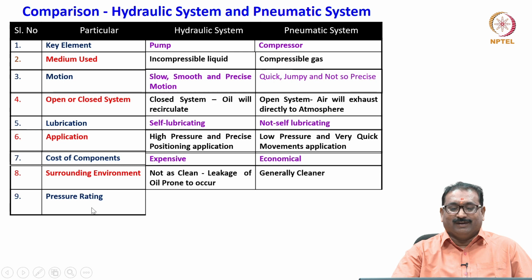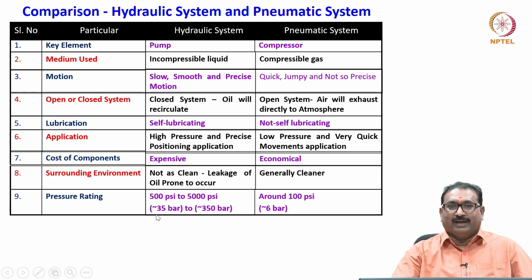Pressure ratings: we are using 35 bar to 350 bar in the hydraulic system, but in the pneumatic system generally 6 bar to 10 bar, normal pneumatics. Weight of the component: as I have told you, the hydraulic systems are meant for high pressure ratings.